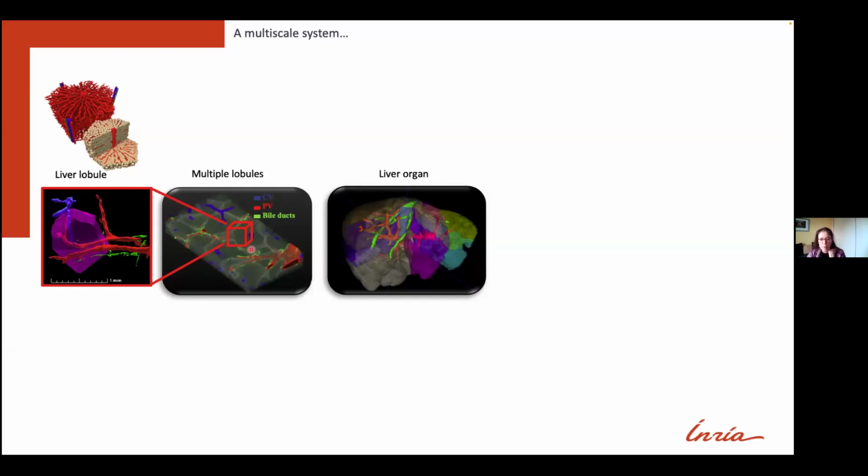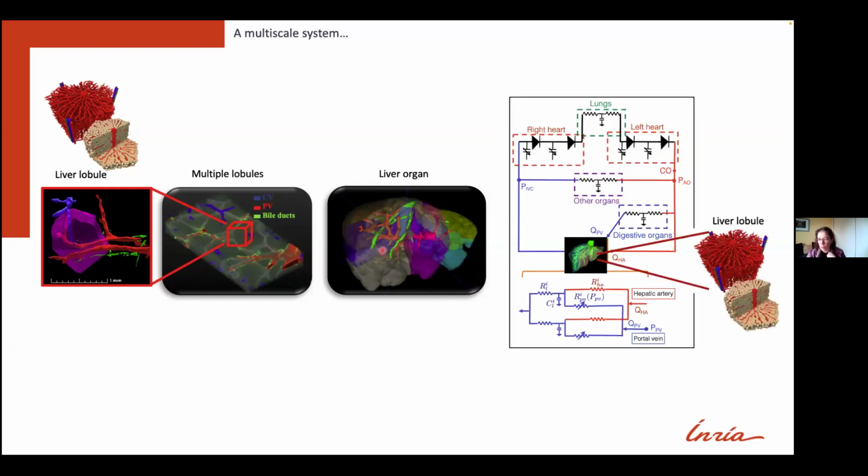But we know that when the disease progresses from being local, happening at the liver lobule, at some point clinicians can see some effects at the global liver organ. So this is why we are also looking at this scale and at how the liver is connected to the entire blood circulation.